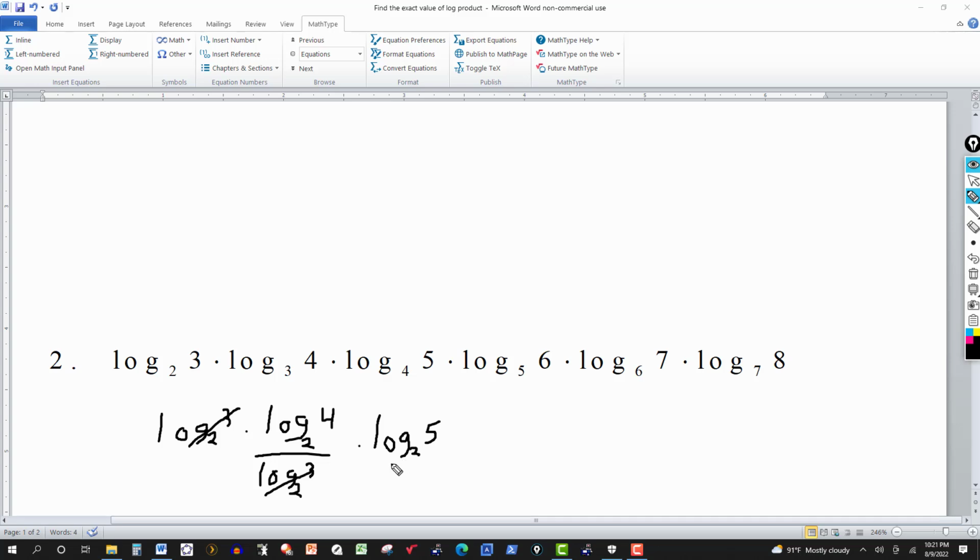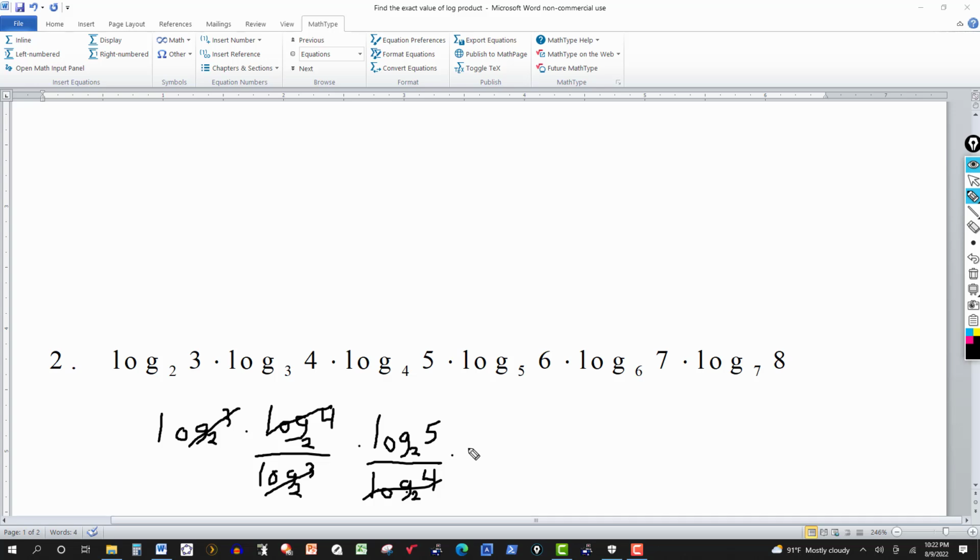And in the denominator, I'll add the log of the previous base. So this one is 4. And the new base I picked is 2. So again, you look at log of 4 to base 2, and then the denominator over here, log of 4 to base 2. Those are going to divide out, cancel. Now I want to see if I can cancel the log of 5 to base 2 in the same way. So I go to the next one.